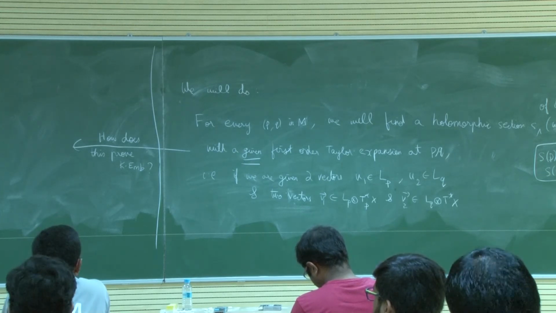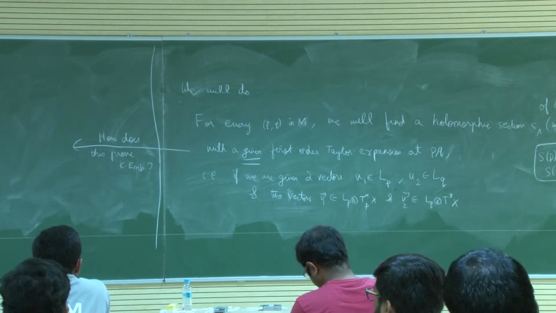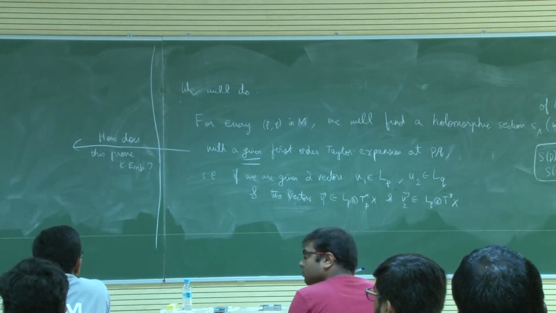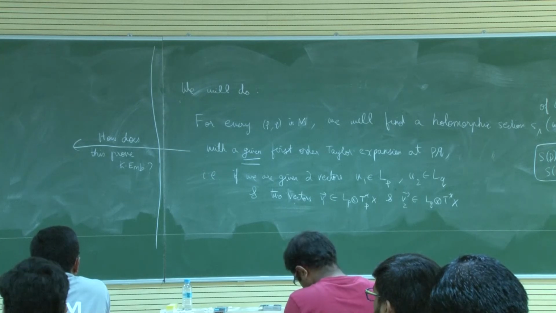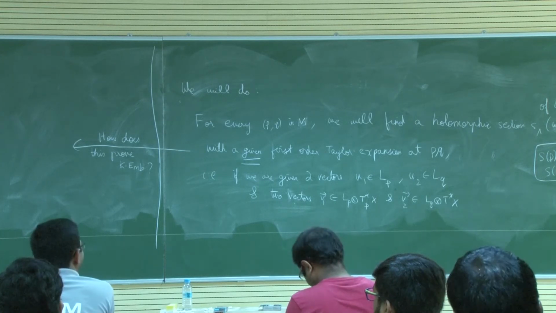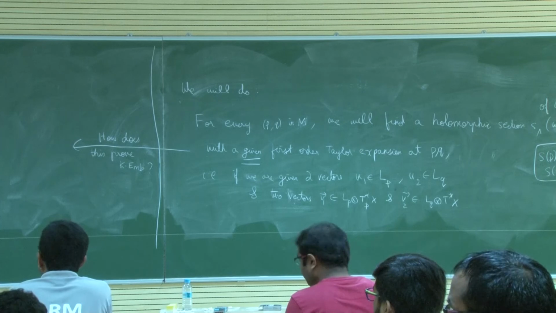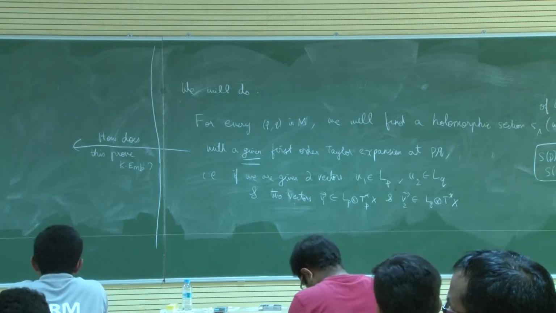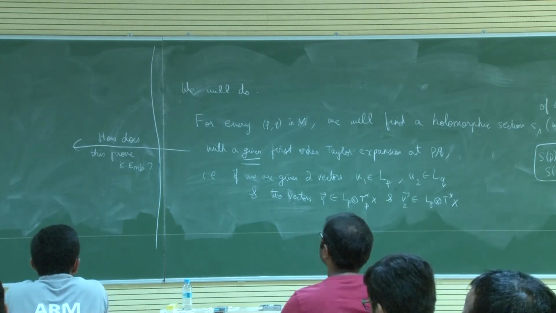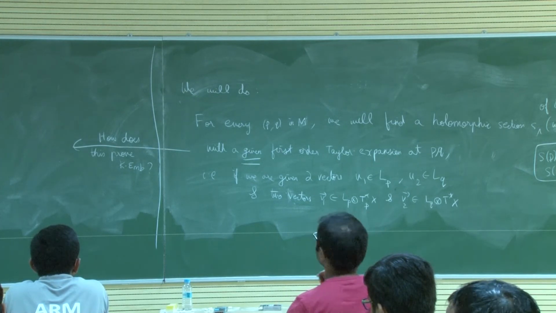Okay? So, what do we want, by the way, to prove Kodaira embedding? We want the map to be well defined, namely, given a point P, what does well-definedness mean?